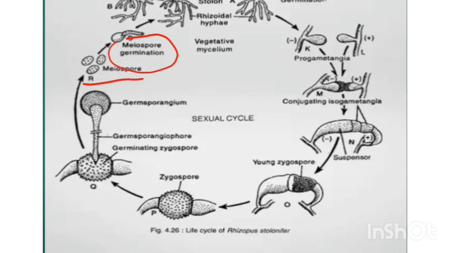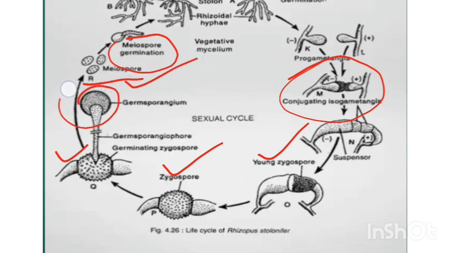So at first, they conjugate with each other to form a young zygospore. Then the zygospore matures, undergoes meiosis to form a germ sporangium, and inside it meiospores are formed, and these meiospores are haploid.